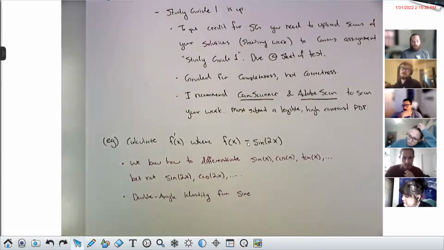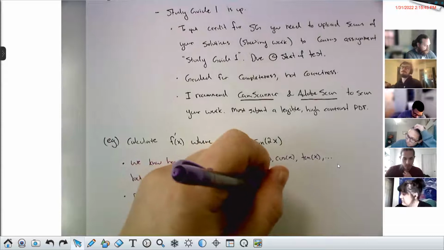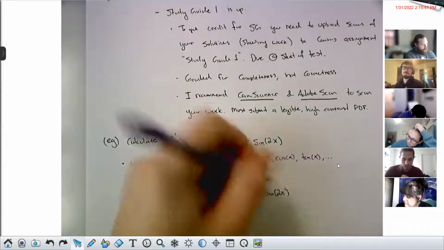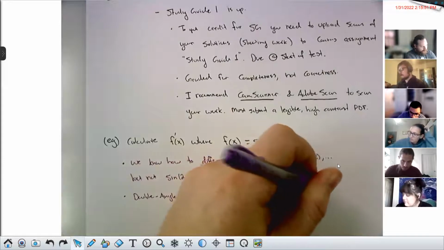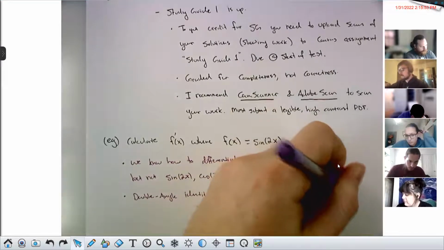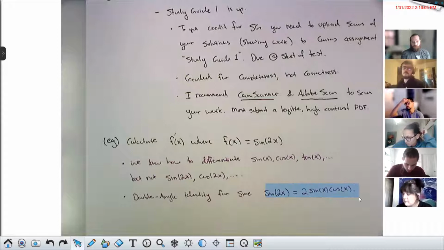You can get this double angle identity by thinking of it as the sine of x plus x. Now, I won't go through that derivation, but the result is 2 sine x cos x. Sine of x plus x would be sine x cos x plus cos x sine x, if you think of it as the sum identity. And then you combine the like terms to get this.